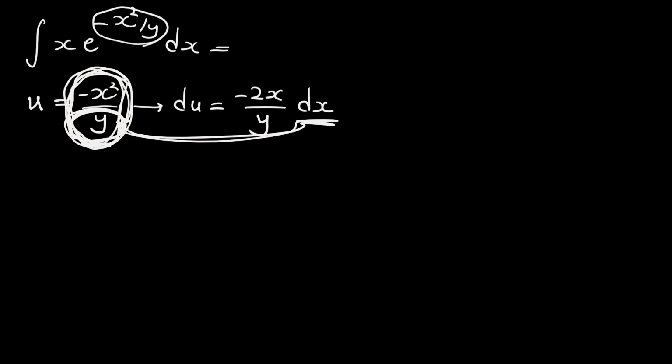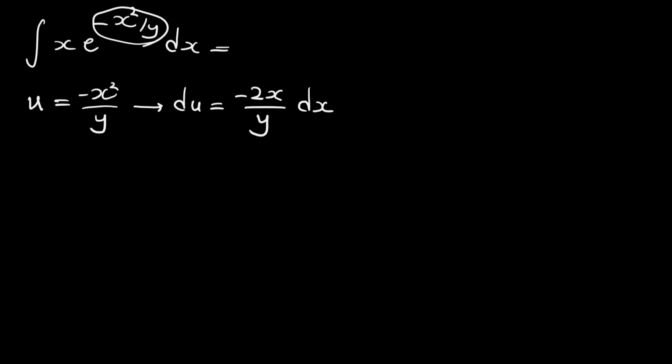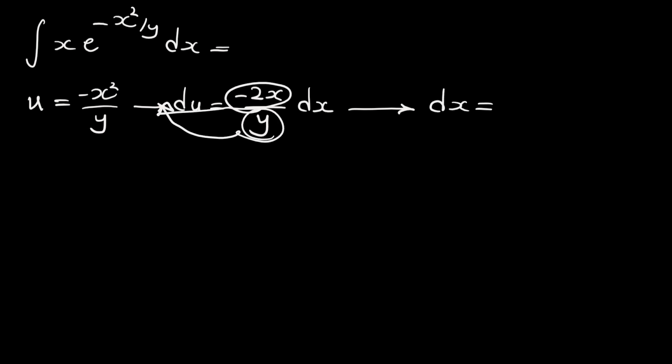Y is a number here, so we write the number, and the derivative of the numerator is negative 2x. And if you use the quotient rule, the answer of course would be the same. If we solve this relation for dx, dx equals y du over negative 2x.